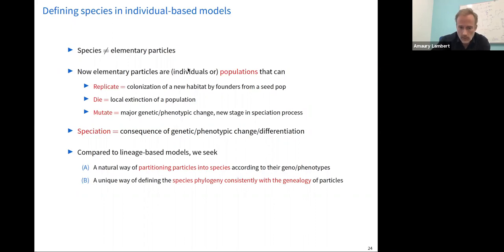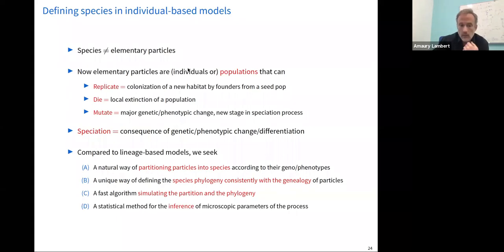We also need a unique way of defining the species phylogeny consistently with the genealogy of particles, meaning that if particles or populations are closely related, then they should be in the same species, and if they are distantly related, they should be in different species. A fast algorithm simulating the partition and the phylogeny, and a statistical method for the inference of the microscopic parameters of the process.